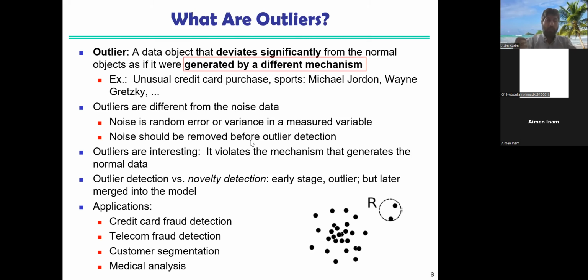So that's another difficulty of outlier detection. How do you distinguish it from noise? But conceptually, noise is different from an outlier. Noise is not from the data generating process, while an outlier is from the data generating process, but it is an object that is significantly different from the normal behavior of that data generating process.